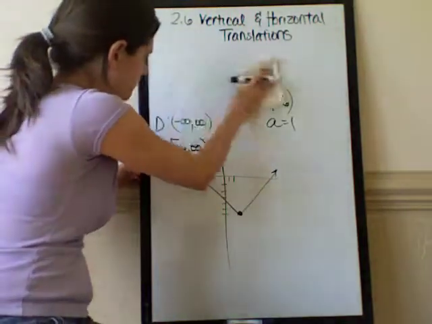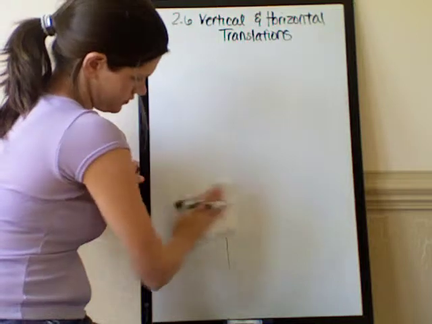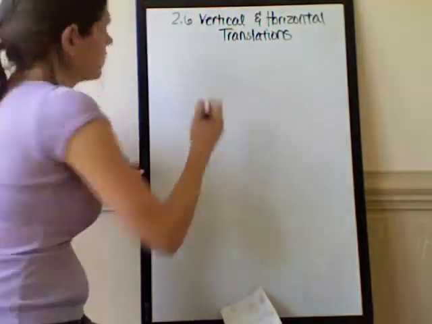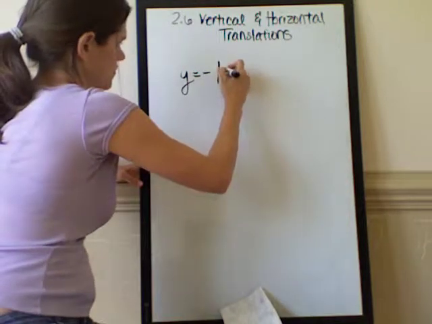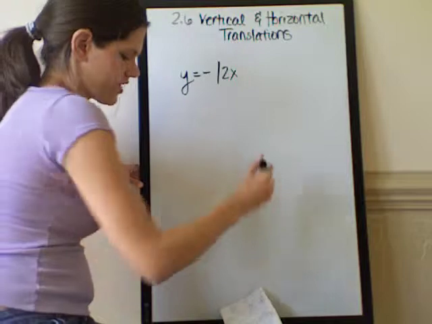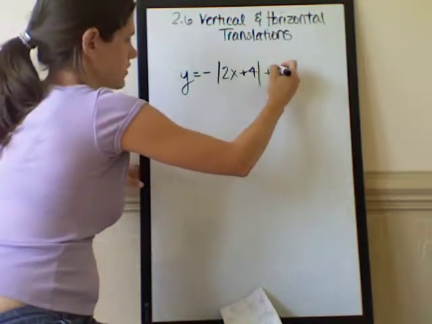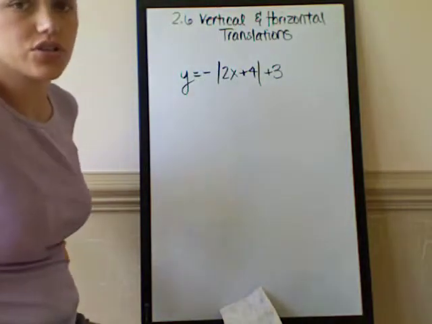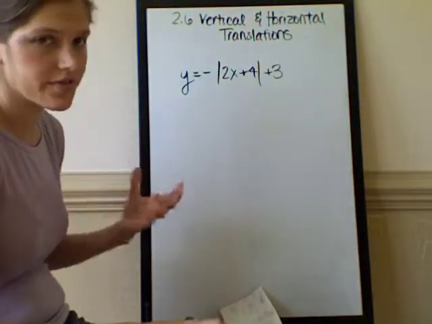One more example. Alright, y equals negative absolute value of 2x plus 4, plus 3. Alright, if you notice, that 2 is inside the absolute value, so I have to pull it out. Remember, it's kind of just like factoring.